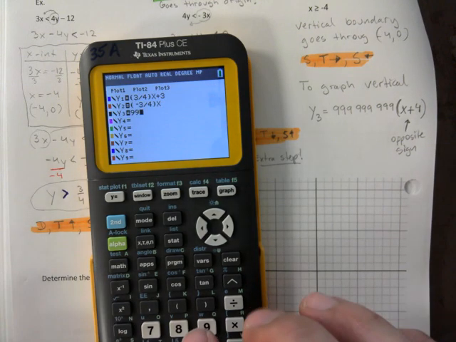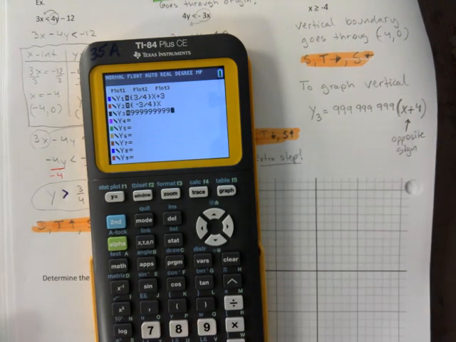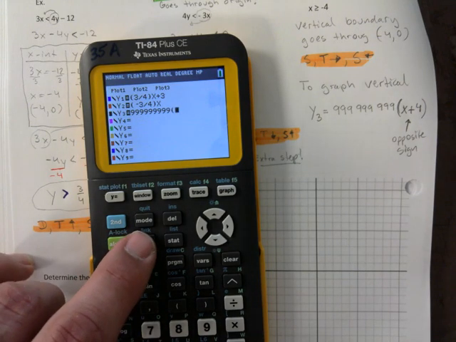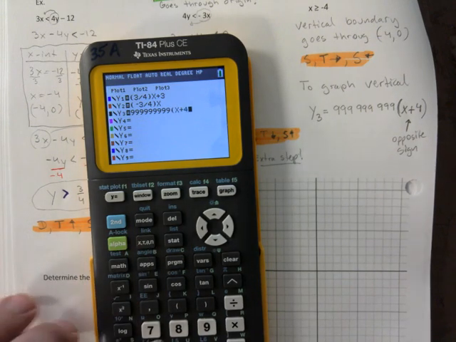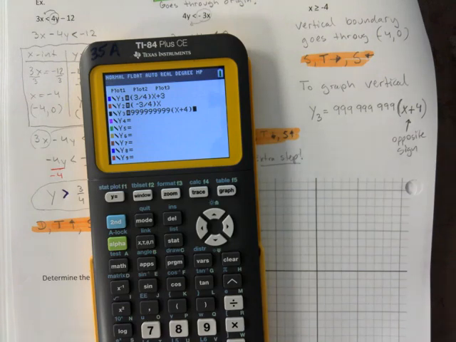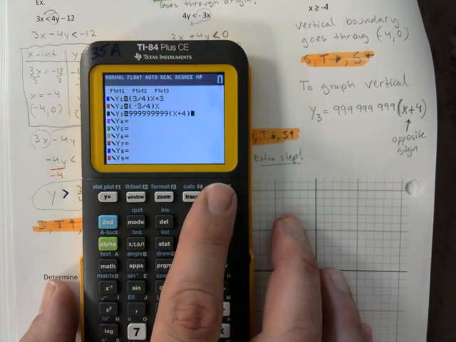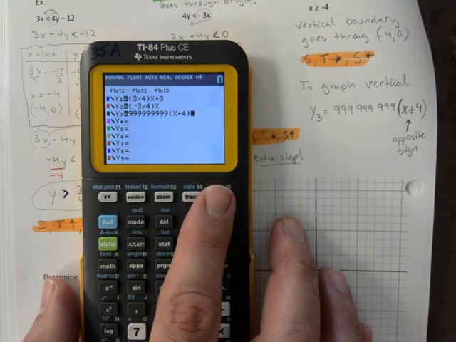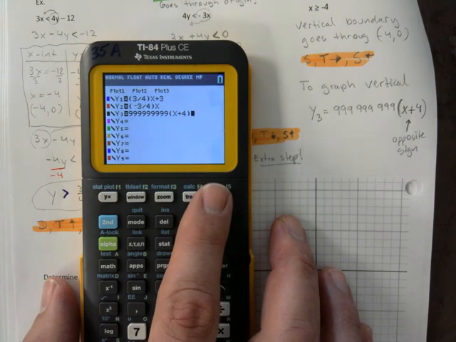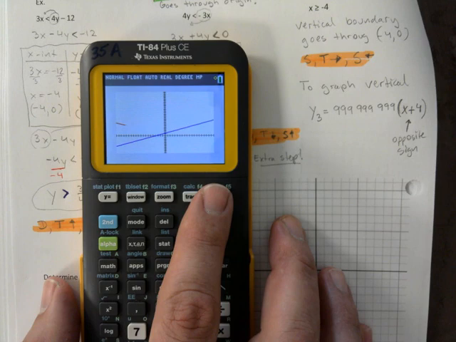So I'm going to go 1, 2, 3, 1, 2, 3, 1, 2, 3, like 9 nines, bracket, x plus 4. And let's graph this. X plus 4, not minus 4. There's that vertical line. I don't know how that works, but it works.